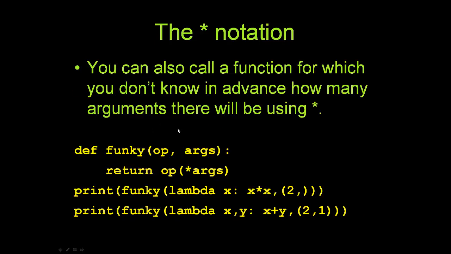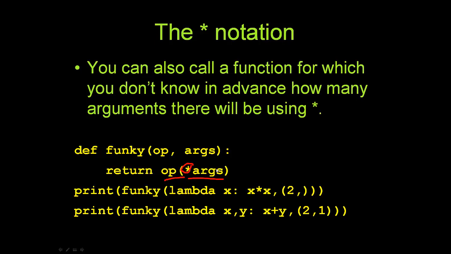Now, let's take a look at how this works. If you call op with *args, that means it will map whatever number of args onto the function. So let's take a look. Suppose we do funky op with lambda x: x squared and 2.